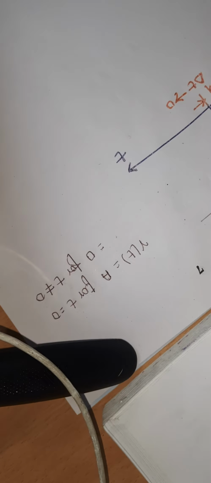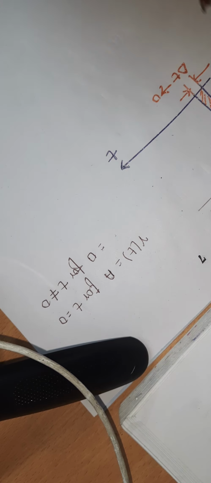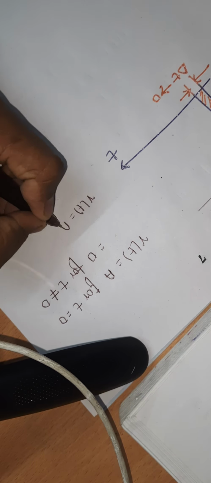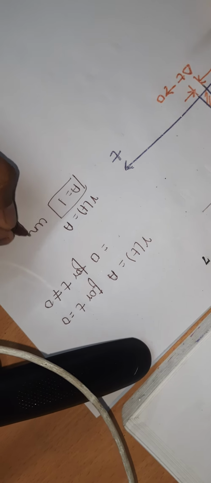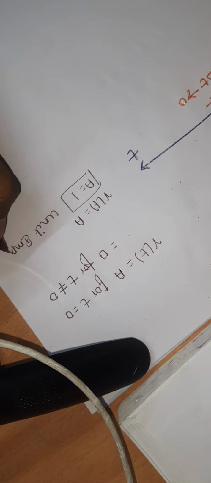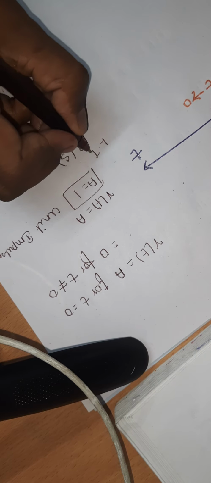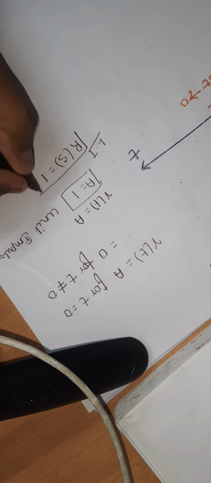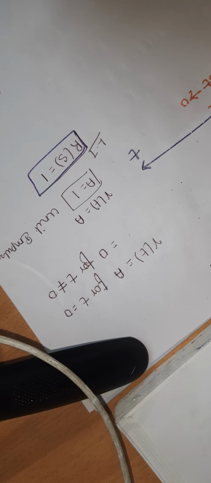Such a type of signal we call an impulse. If A is equal to 1, we call this a unit impulse. Then taking the Laplace transform, R of s is equal to 1 for a unit impulse function.